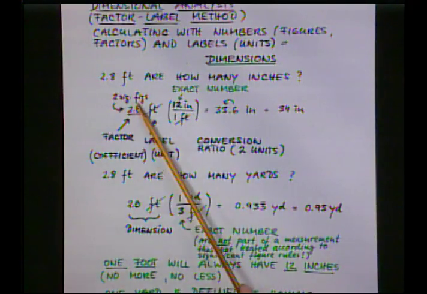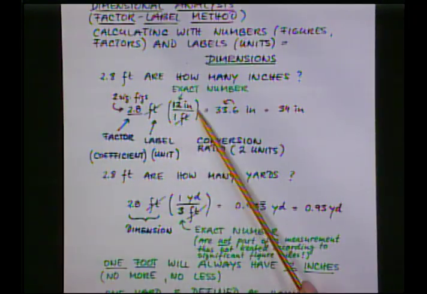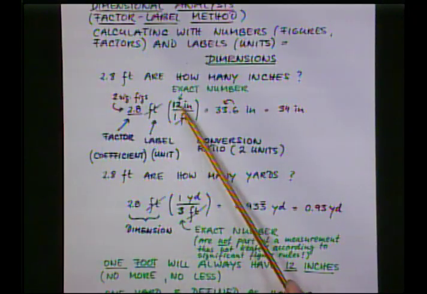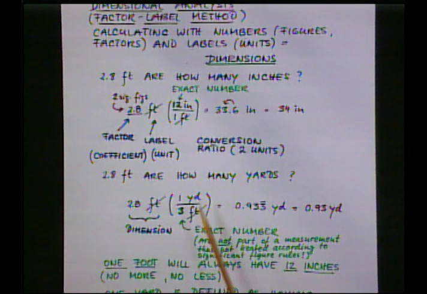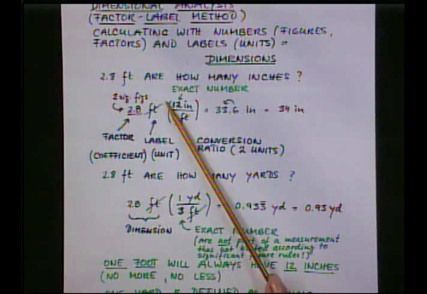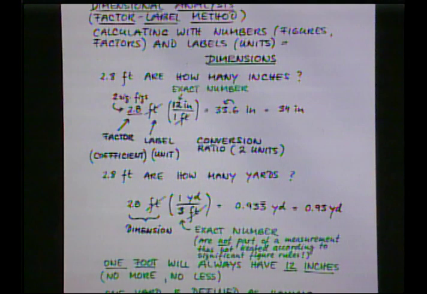So 2.8 feet I measured. So we see two sig figs, or two significant figures. Here we have our unit ratio. So 12 inches and 1 foot. Now you might ask, 12 inches, that's two sig figs, right? No. Ratios are exact numbers. So they do not follow the rule of significance because they are fixed exact numbers. So we don't mess with these numbers.